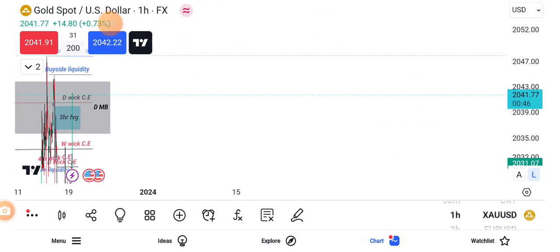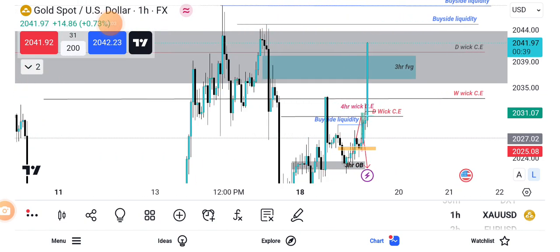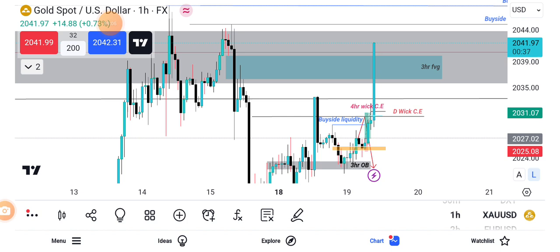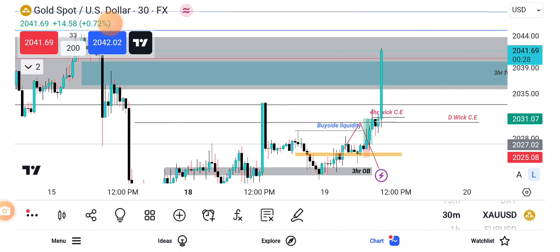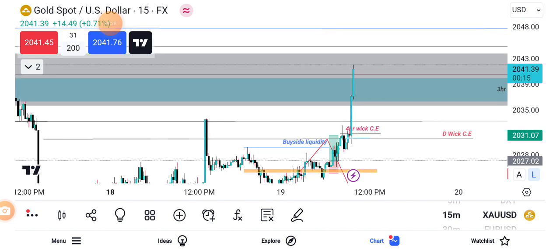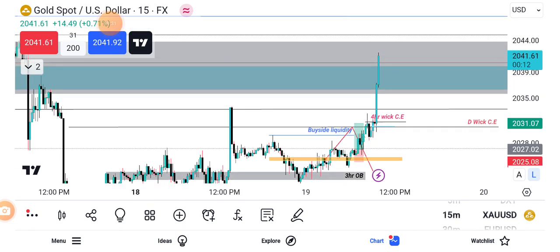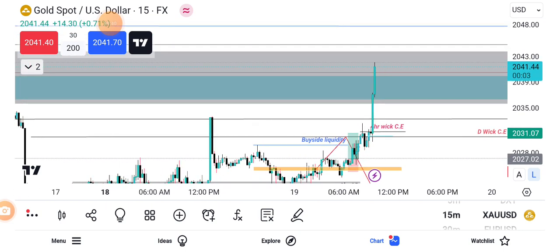What is the R-R? Yeah, there it is. Now I might be looking for confluences higher again for entries.